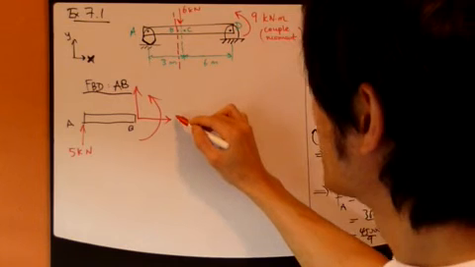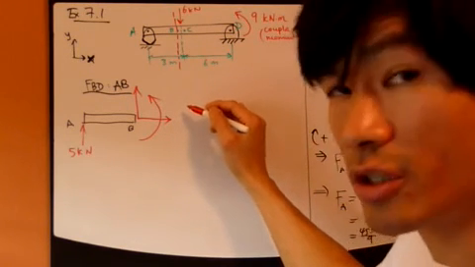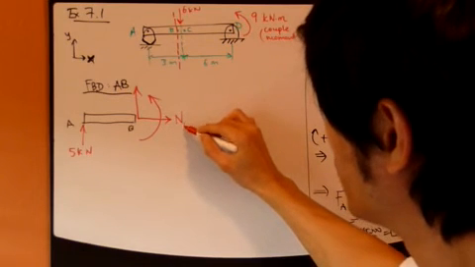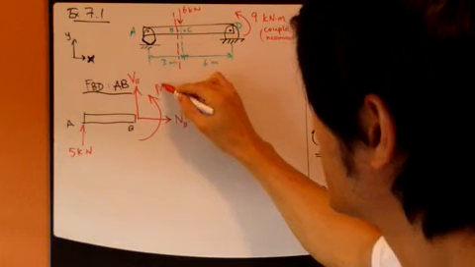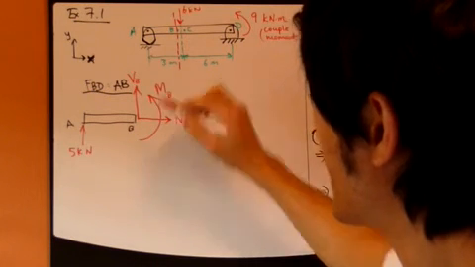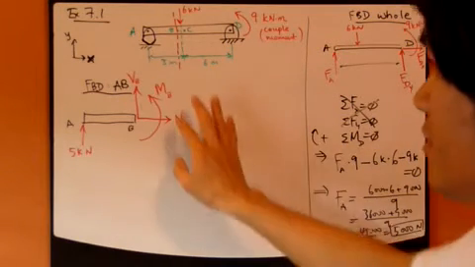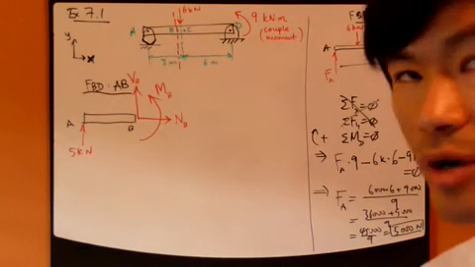Just to be consistent with the nomenclature of the textbook, I'm going to call this N, normal force at B, this is shear force at B, and this is bending moment at B. So you have these 3 unknowns for this one free body diagram.